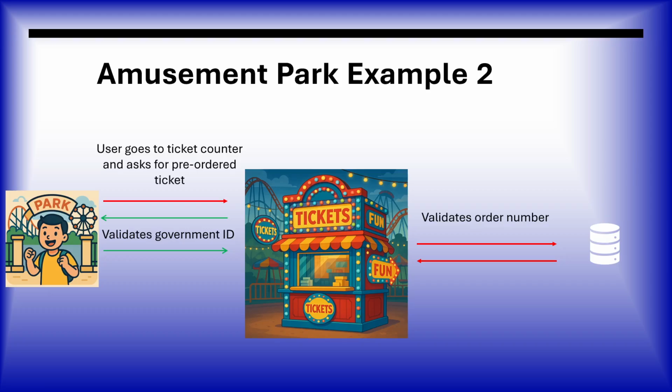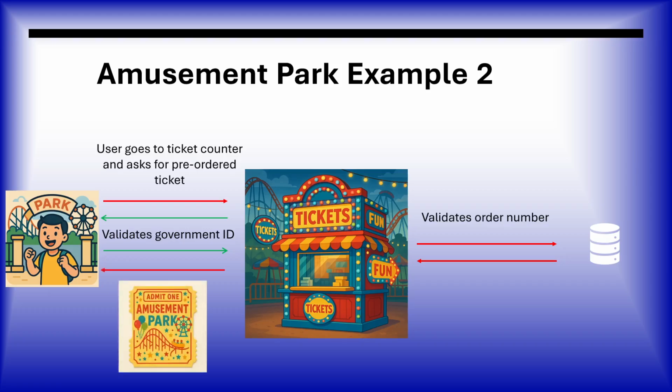Let's see some photo government ID validating that your name is on the order. Once you provide that, I'll give you that ticket. So the user gives their government ID, it's validated, the name matches, and they get that same ticket again, which gets them in the park and allows them to go on all the rides.